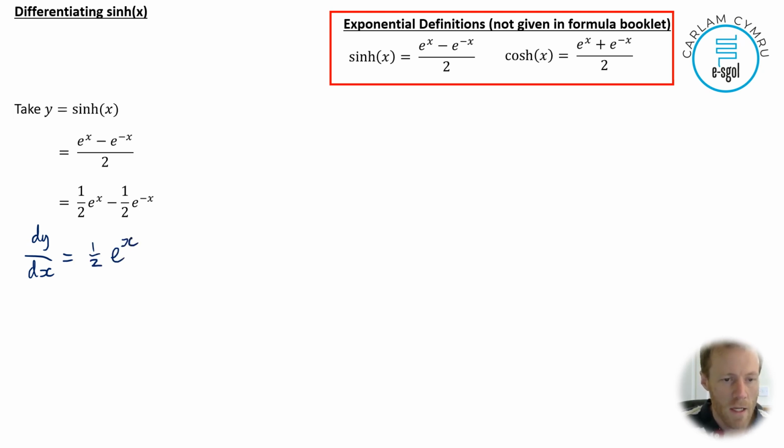And then here, because you're doing a minus times a minus, we get plus a half e to the minus x. Well, that is just the same as cosh x. So when you differentiate sinh x, you get cosh x, and vice versa. These are given in the formula book, but it's worth remembering you can always go back to exponential form if you forget how to do it.